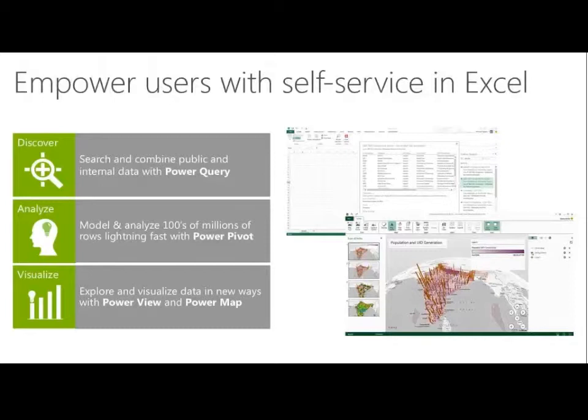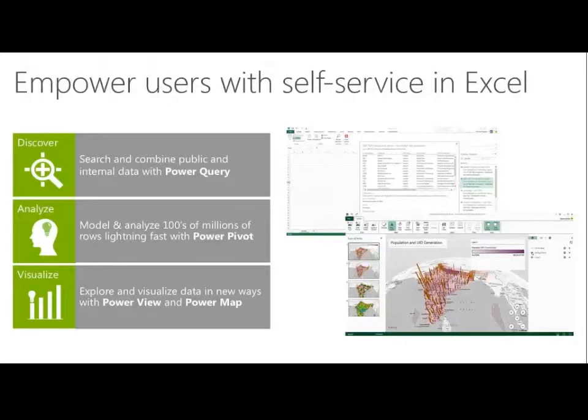Then once you're there, you start to analyze that data. Maybe you add some calculations to it. Maybe you average certain things out, or you count up certain things, and you project out other things and do some forecasting or what-if analysis. And then finally, when you're done, you might want to look at more than just a grid of data.